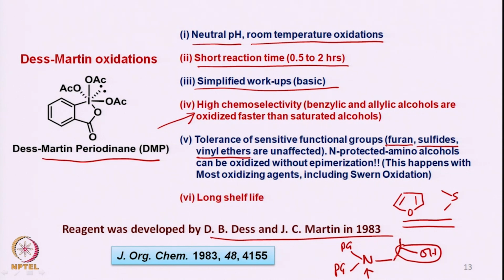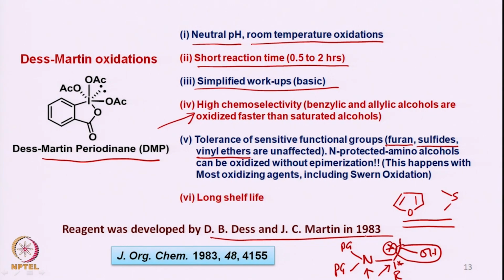Plus for example, if there is an asymmetric center here at this particular position, or there is another asymmetric center here, say you have an R group here and you have here an asymmetric center, although this asymmetric center will get destroyed because of the oxidation that we are going to carry out, this asymmetric center here which has a hydrogen at this position can get affected by the carbonyl group here if the reagent conditions are either acidic or basic.